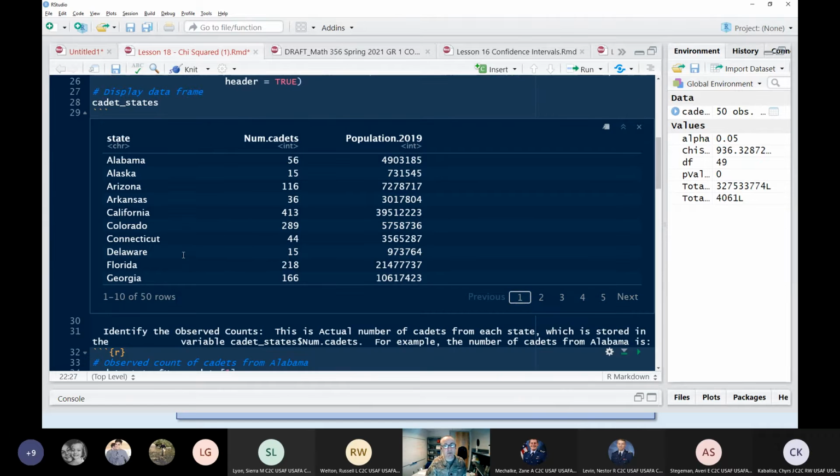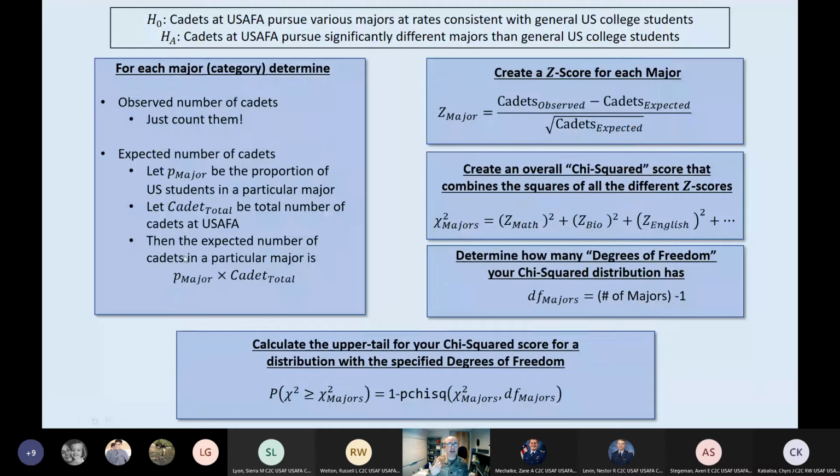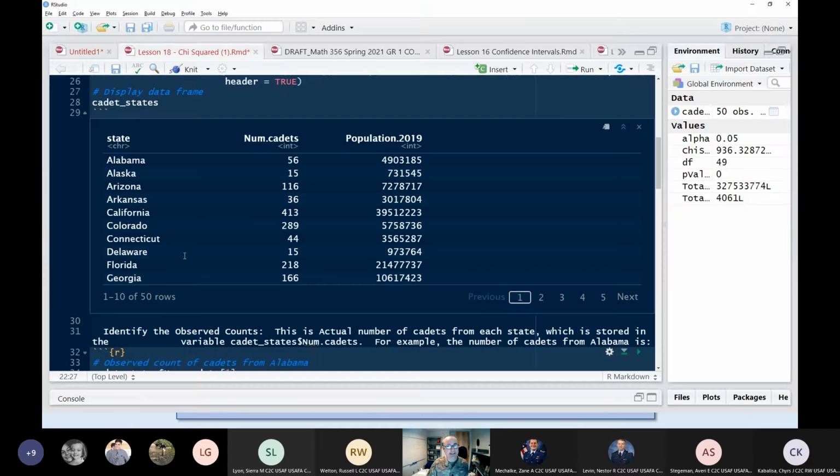Now, the next step is we have to identify our observed count in each category, right? Our categories are states, and so these are my observed counts. That's the observed count from Alabama. That's the observed count from Alaska. That's the observed count from Arizona.